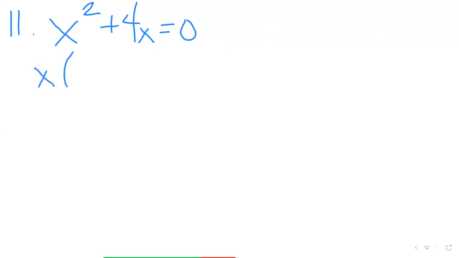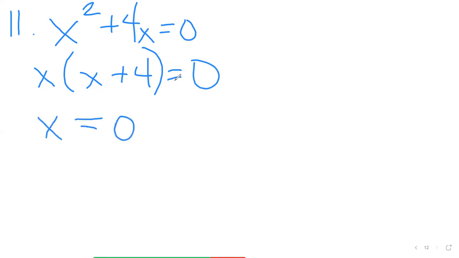What could we factor here? An x is common to both of those terms, right? So x times x plus 4 equals 0. Set both of those pieces separately equal to 0, and solve each.